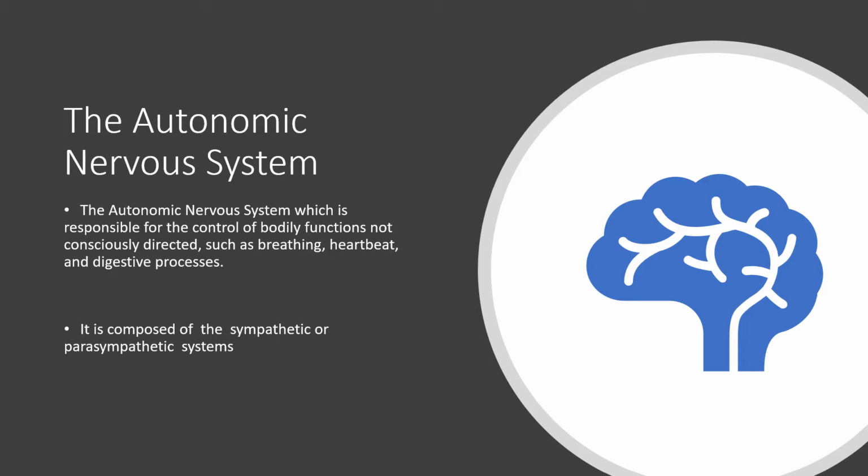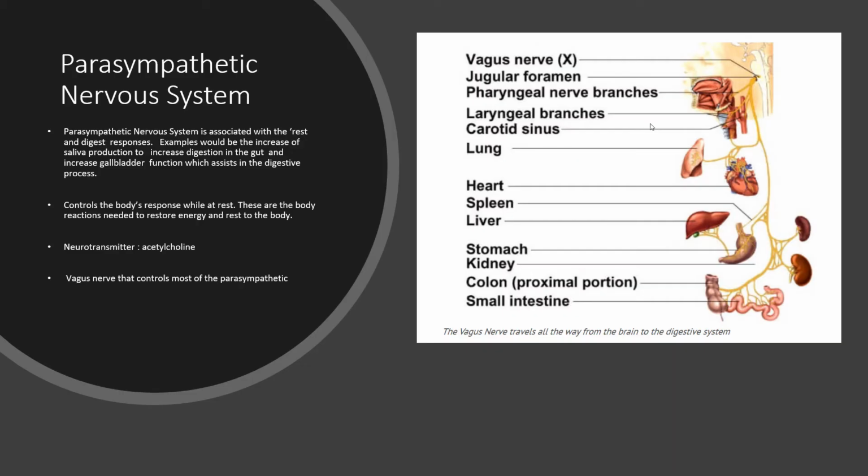Now, the autonomic nervous system is also composed of sympathetic and parasympathetic systems. The parasympathetic system is associated with rest and digest responses. It controls the body's response while at rest, and the vagus nerve has a great deal to do with most of the parasympathetics.